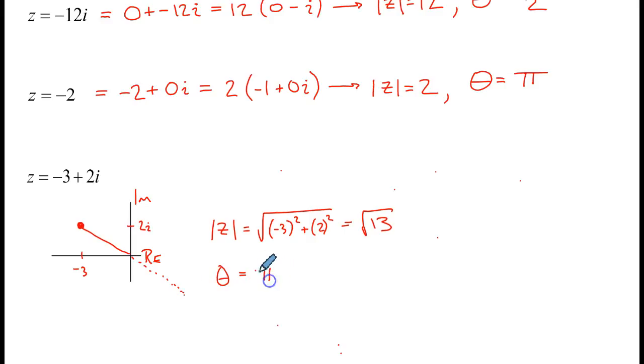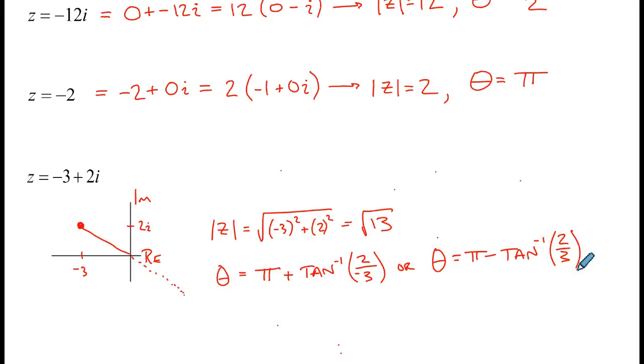You can either do pi plus inverse tangent of 2 over negative 3, or you can do pi minus inverse tangent of 2/3. And I'm going to let you sort out why each of those works for this picture.